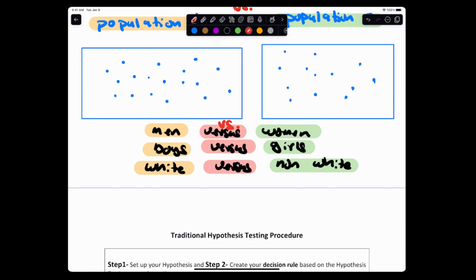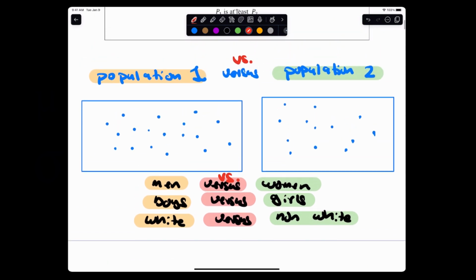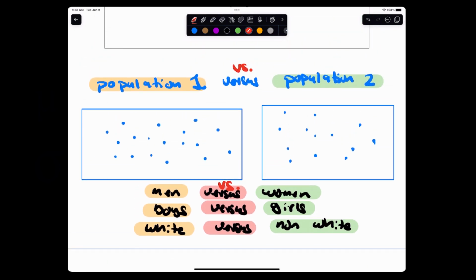All right, you guys okay with that? All of those, ladies and gentlemen, is what we're talking about. So we're going to like to compare different populations.